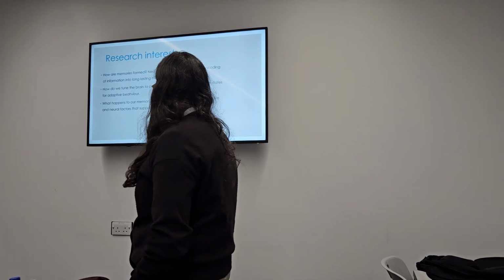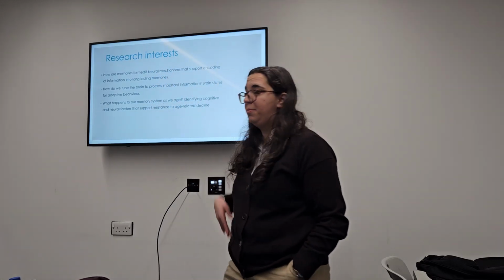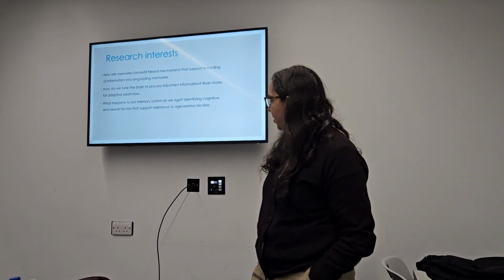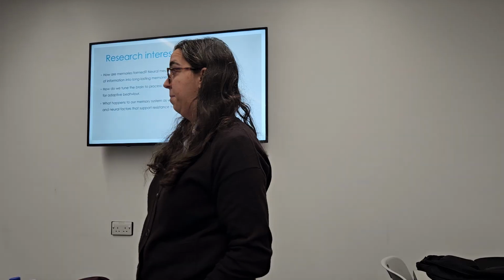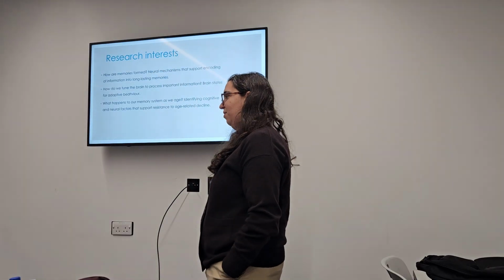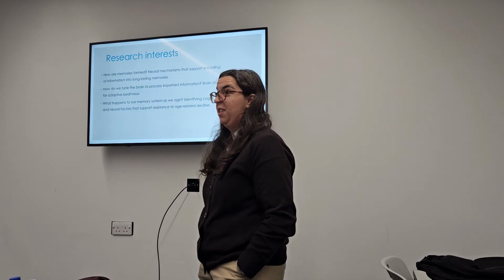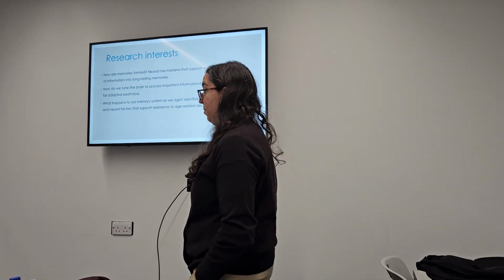So this is part of the work that I did in my Marie Curie fellowship, and I continue to do now with a PhD student in the lab, to try and figure out what neural factors basically help these people retain their memory performance. So we're talking about people who are in their 80s, but perform like they're 50 or 60 years old. So that's quite remarkable.